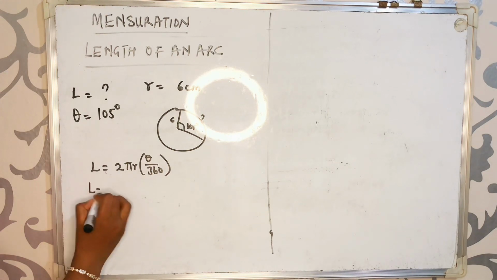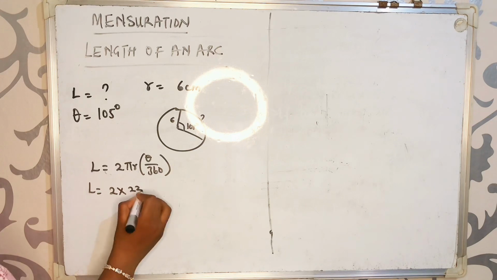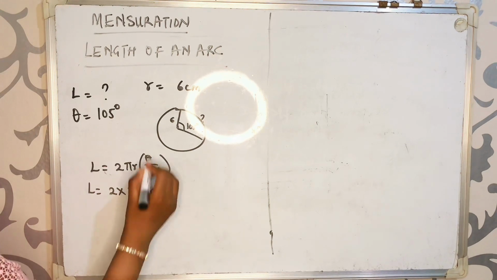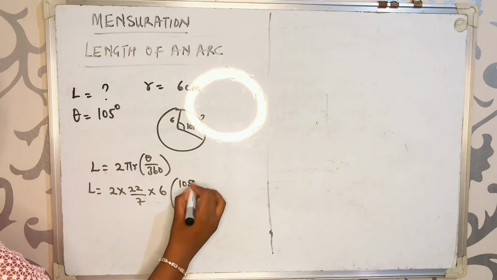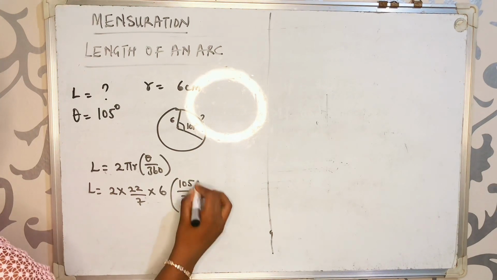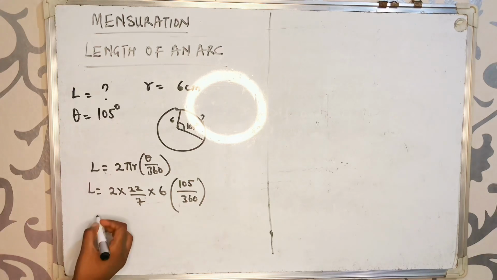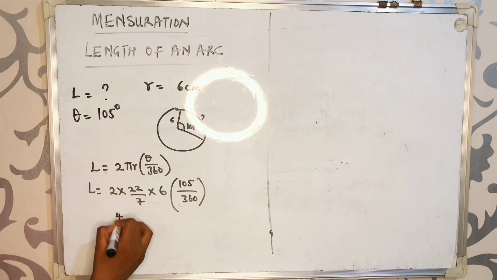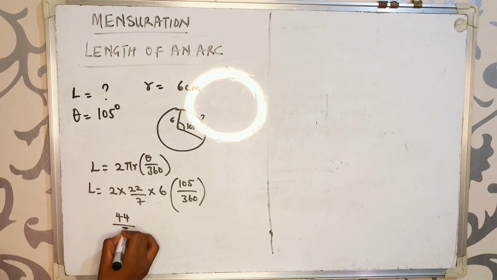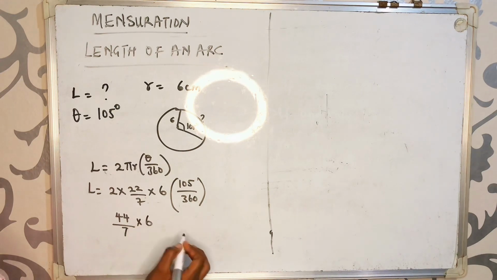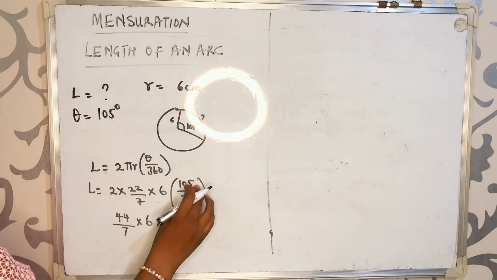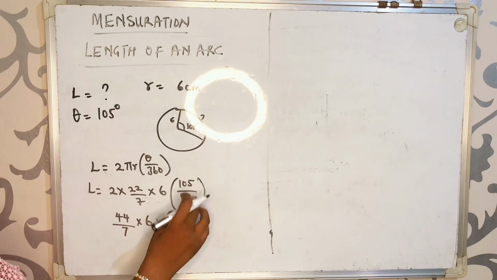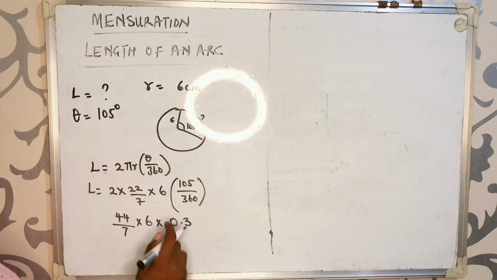We have L is equal to 2 times 22 over 7 times the radius, which is 6, bracket 105 over 360. Then we have 44 over 7 times 6 times 0.3. So 105 divided by 360 will give you 0.3.